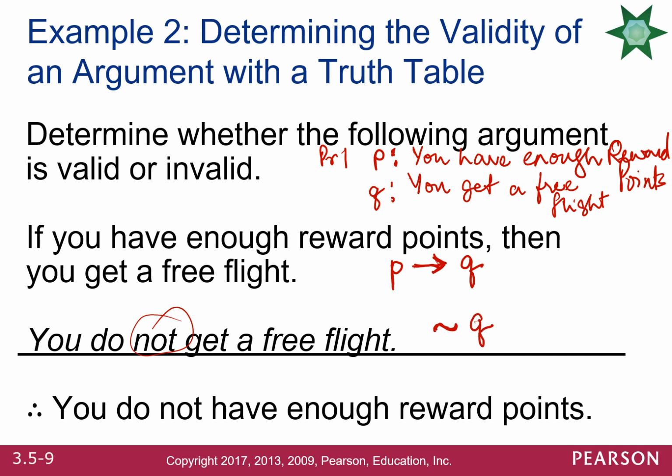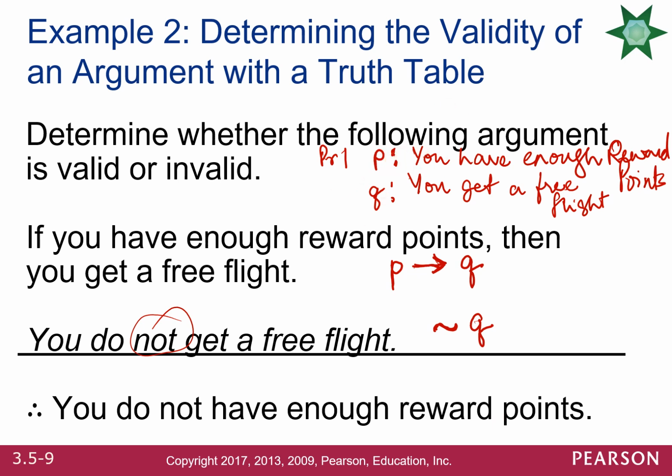And then the conclusion is therefore you do not have enough reward points. So we have to write this also in symbolic form. You do not have enough reward points, which is the negation of P, correct?